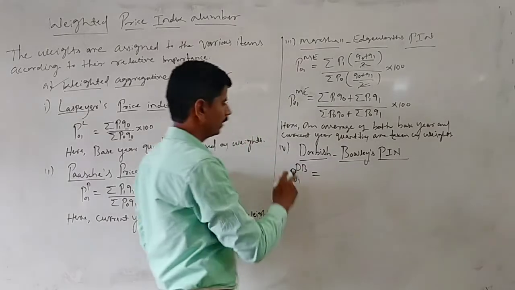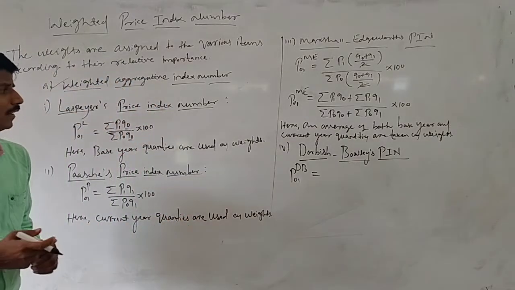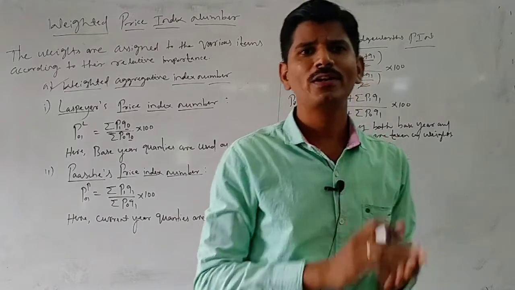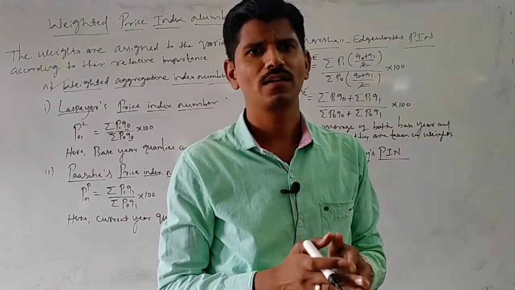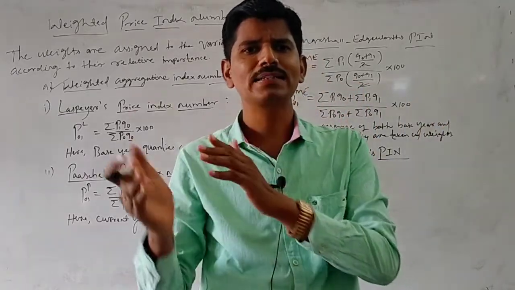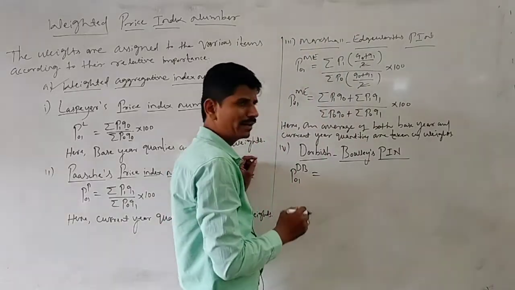Here, the Dorbish-Bowley price index number is the arithmetic mean of the Laspeyres and Paasche index numbers. Arithmetic mean means the sum is divided by 2.